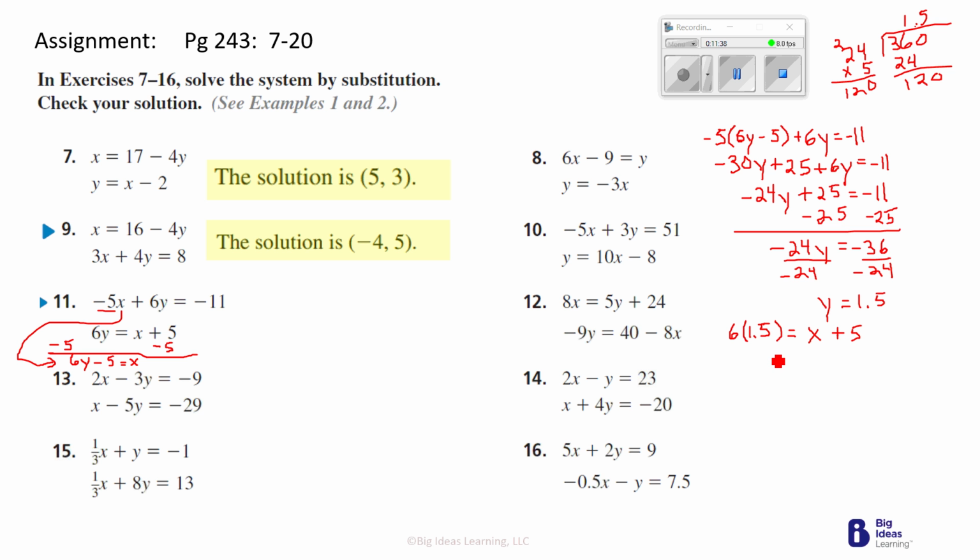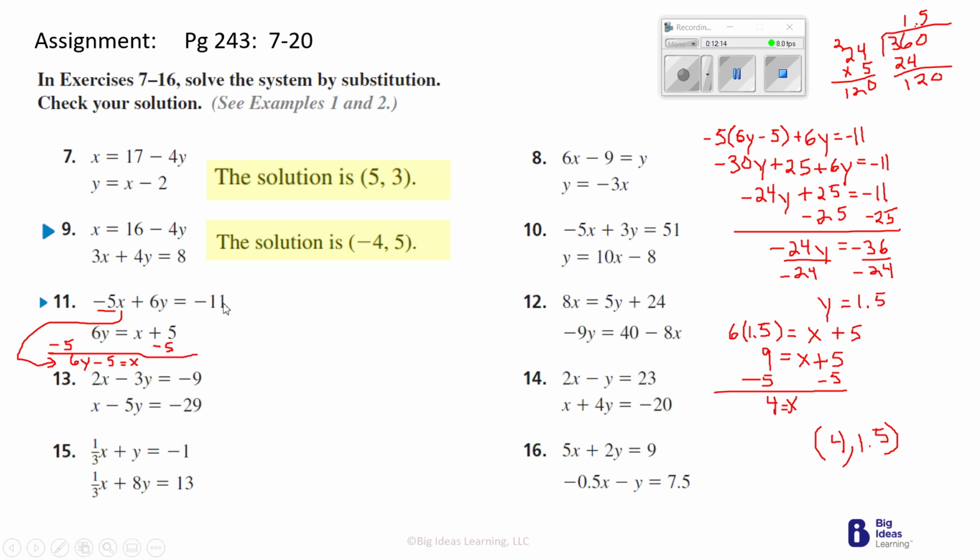Well, 6 times 1.5 is 9. So 9 equals x plus 5. Now we'll subtract 5 from both sides. And 9 minus 5 is 4. So 4 is going to be equal to x. So my coordinate will be 4 in place of x and 1.5 in place of y.